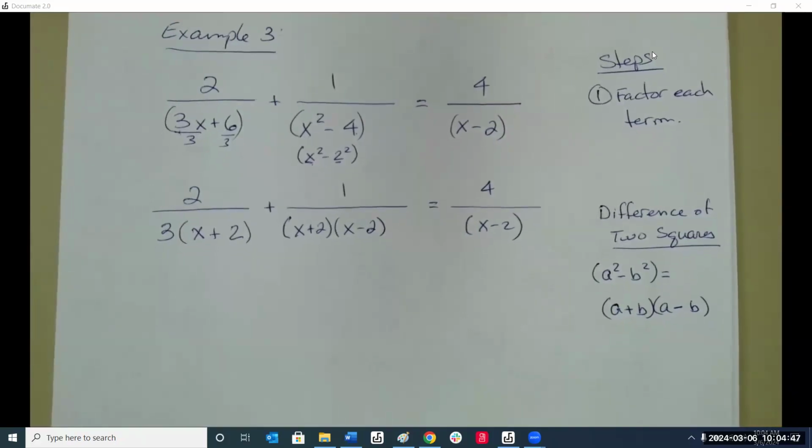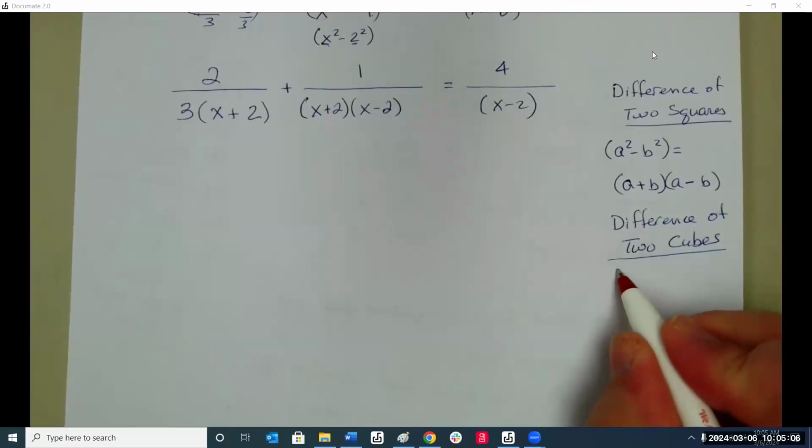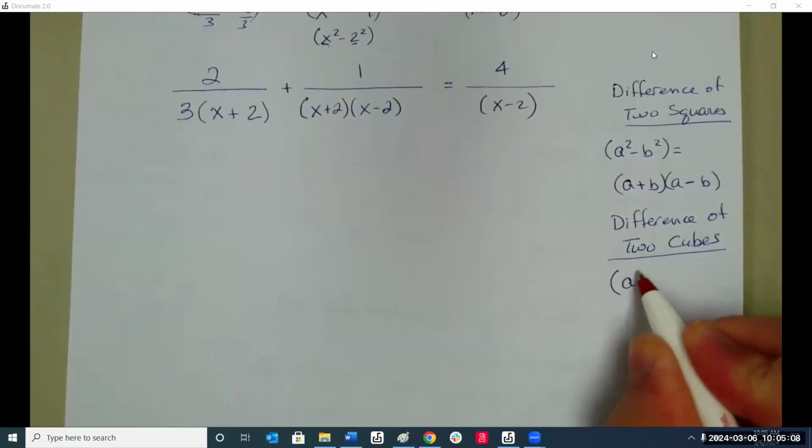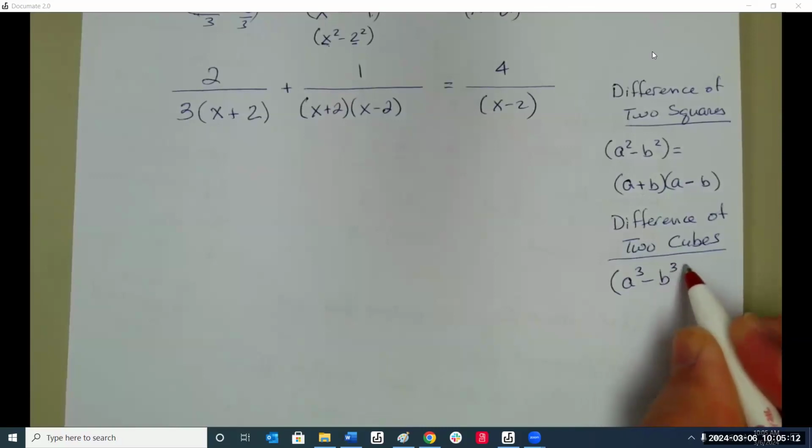While we're doing this, I'll give you the 2 other rules. We have the difference of 2 cubes, which is a cubed minus b cubed.